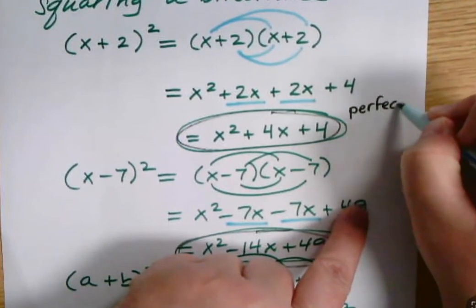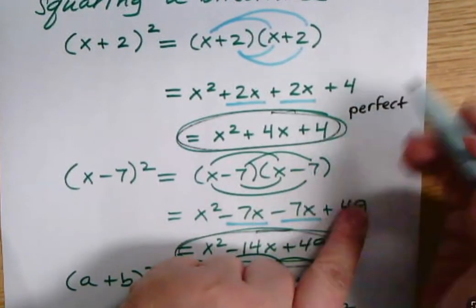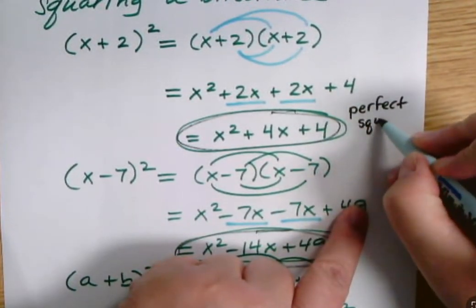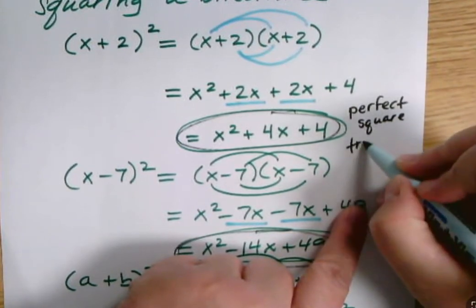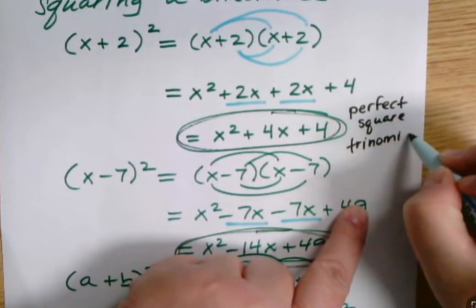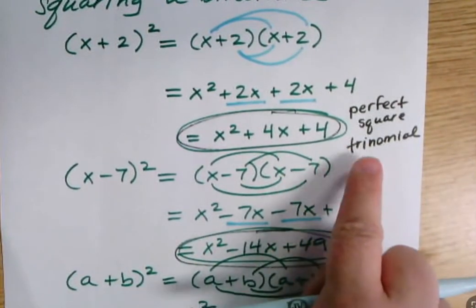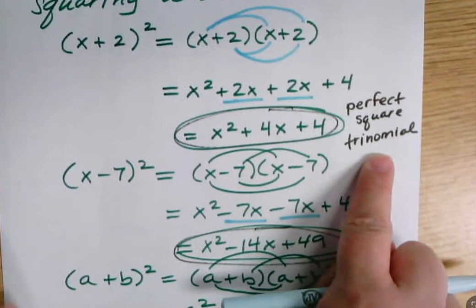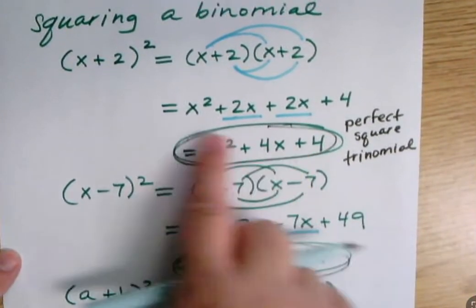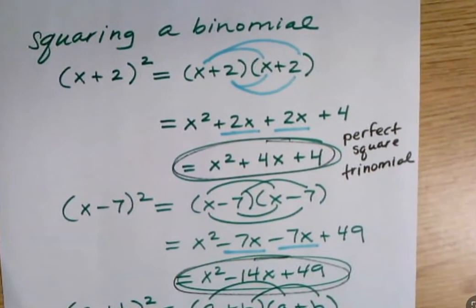A trinomial means 1, 2, 3 terms that is a perfect square. In other words, that is perfectly some binomial squared. So completing the square is about trying to get a perfect square trinomial so that we can say, oh, okay, I can rewrite this as a binomial squared.